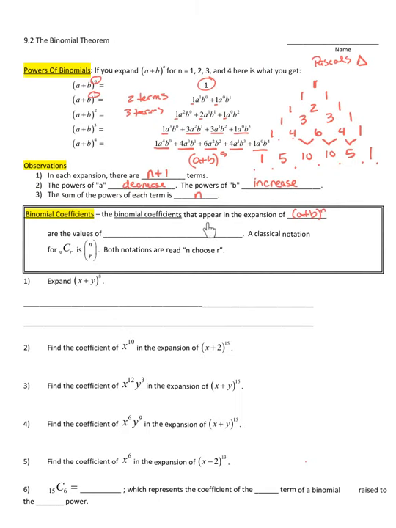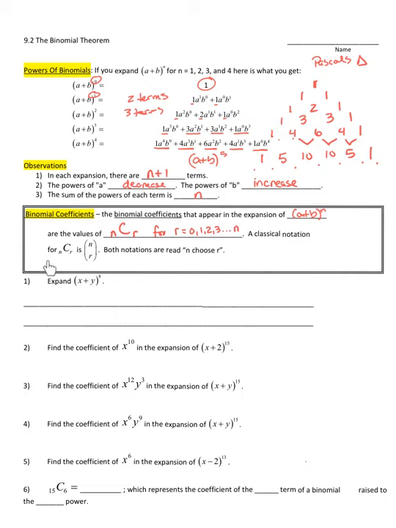So that means the binomial coefficients that appear in the expansion of a plus b to the n are the values of the combination of n things taken r at a time, for r equals 0, 1, 2, 3, all the way to n.